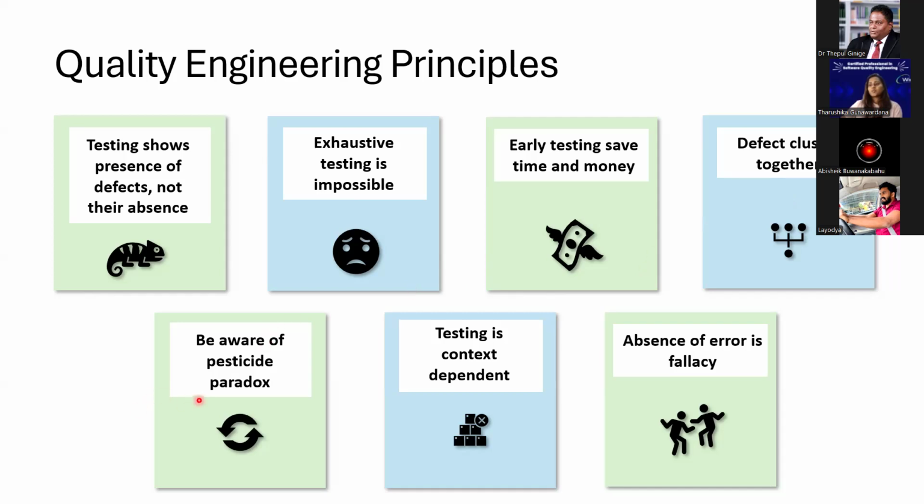Okay, so the next one is be aware of the pesticide paradox. That means if we are doing testing and using the same set of testing scenarios again and again, then we might not get new defects. We cannot identify new defects.